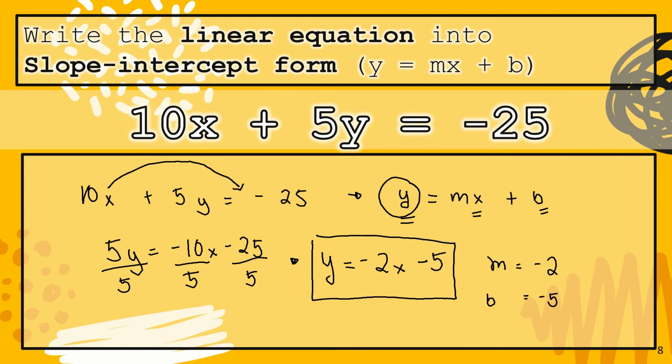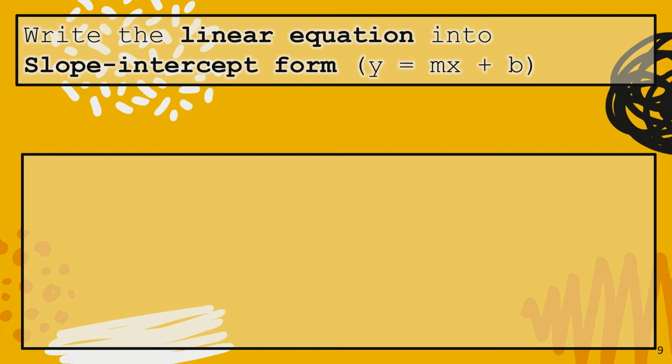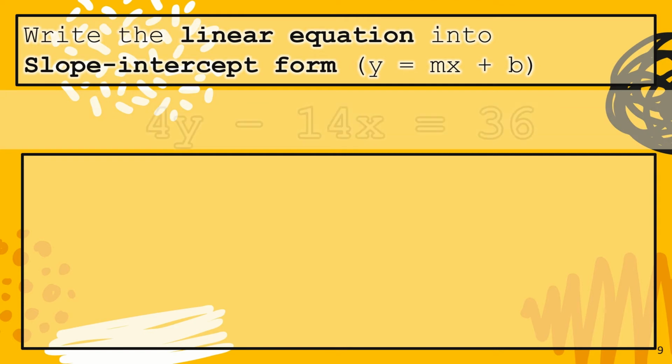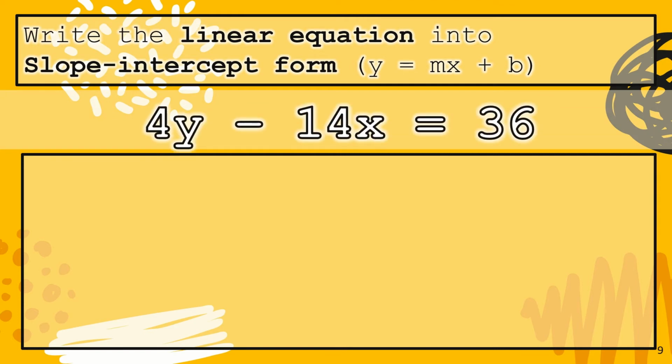Okay, let's continue. This time, we have 4y minus 14x equals 36, and we are asked to write the given linear equation in slope-intercept form, in the form of y equals mx plus b.